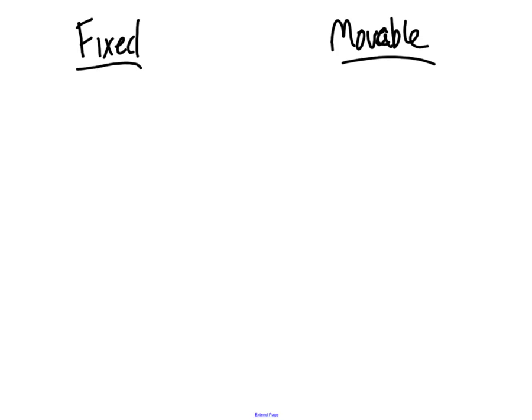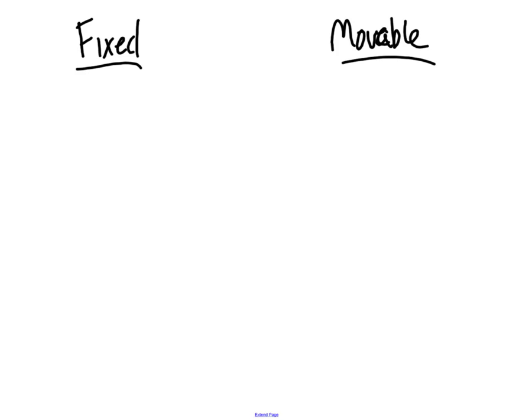So a fixed pulley, we call it fixed because when you actually use it, it doesn't move. It's fixed to a stationary object. Okay? A movable pulley, we call it movable because when you use it, guess what happens? It moves, right? It's a pretty hard terminology. Okay?